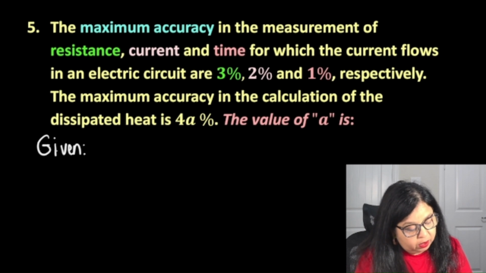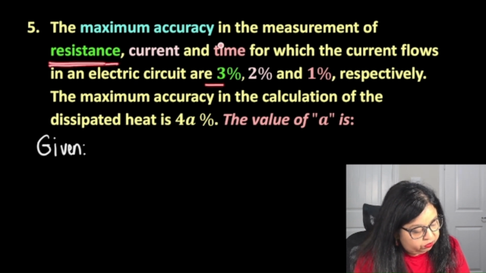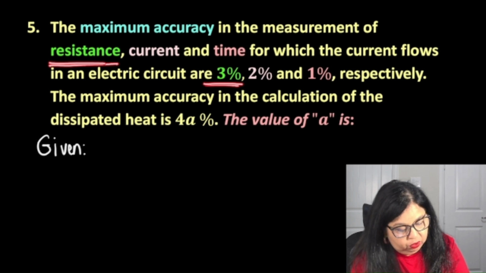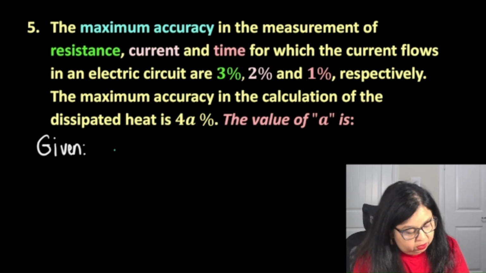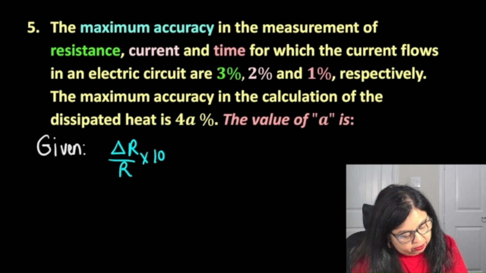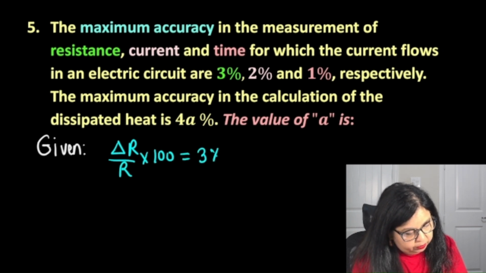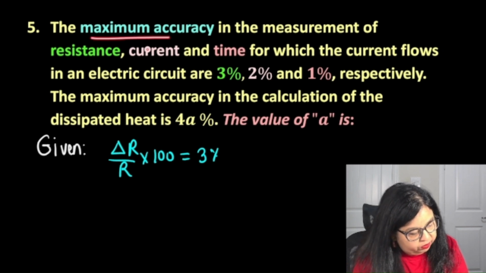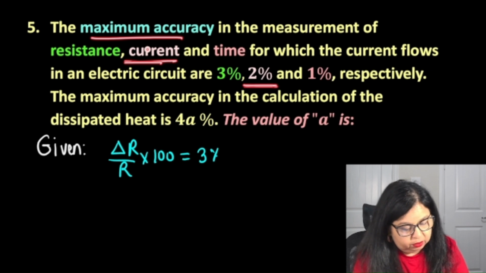The maximum accuracy in the measurement of resistance is 3%. So let's go ahead and write that down. Delta R over R times 100 is 3%. The maximum accuracy in the measurement of current is 2%.